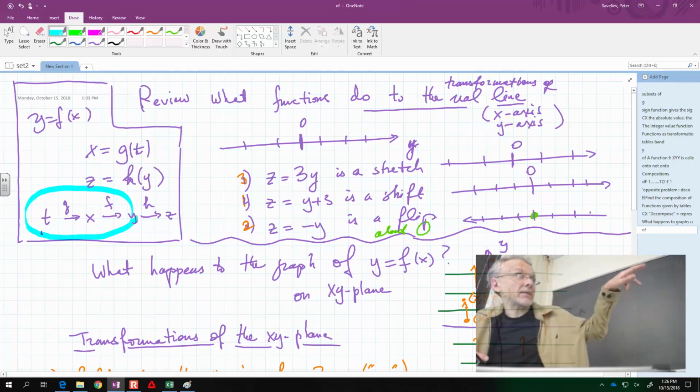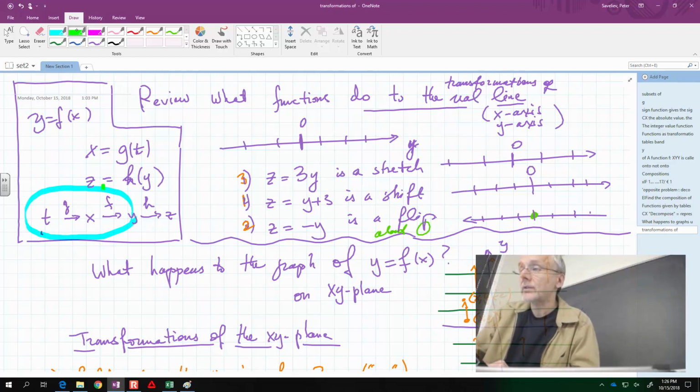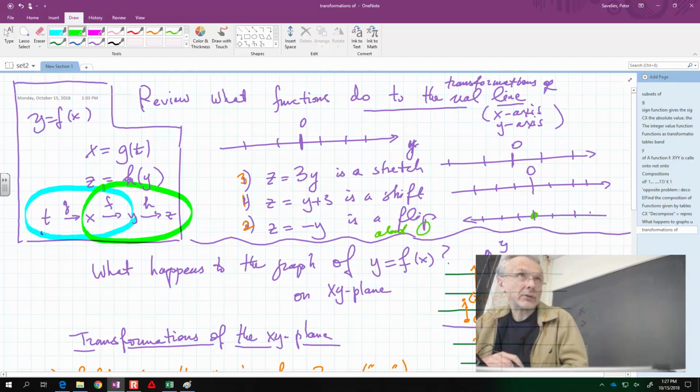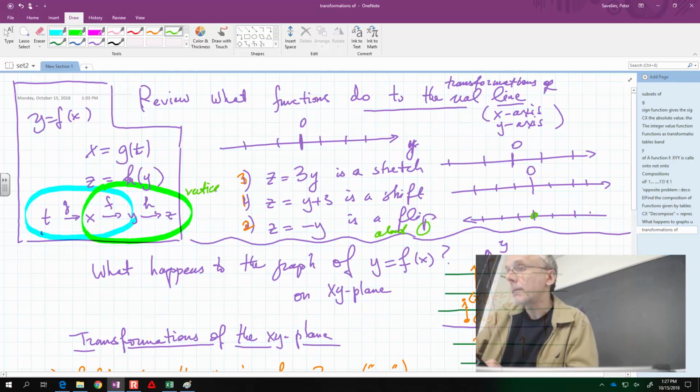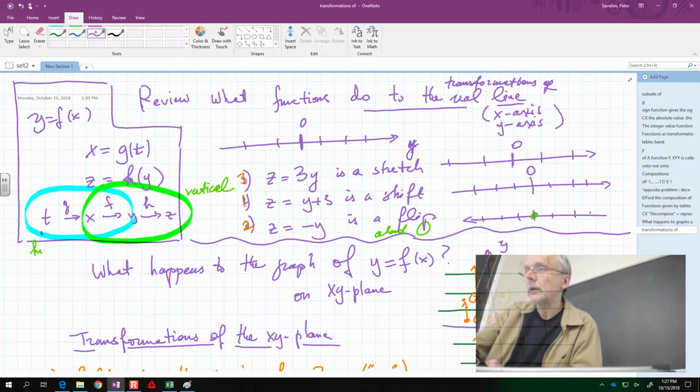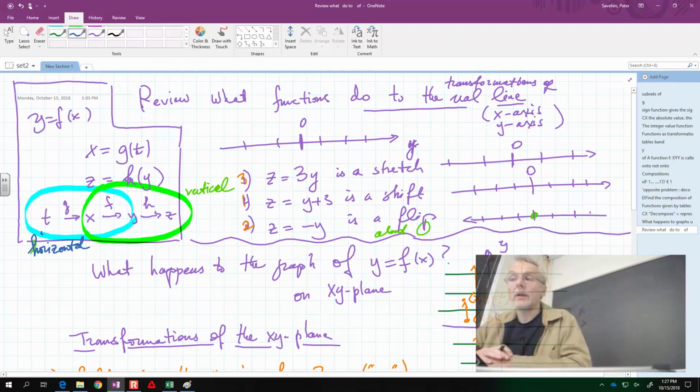That's the first operation there. g is the transformation of the x-axis. The second one is that the y-axis is changing, from y to z. That's a vertical transformation. So this is vertical, and this is horizontal. And both can happen.